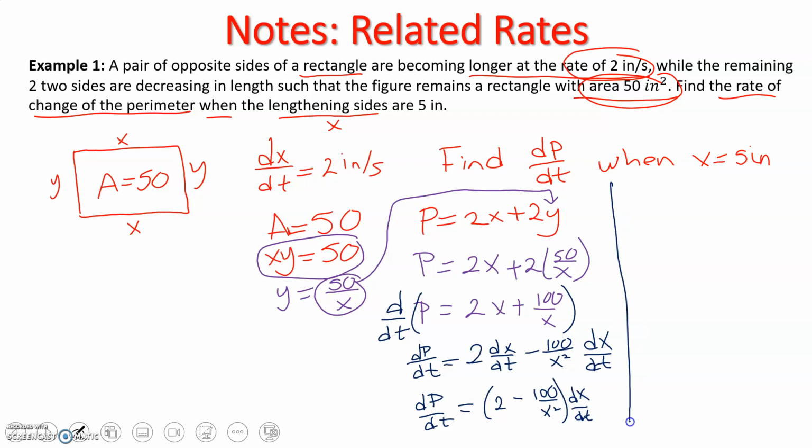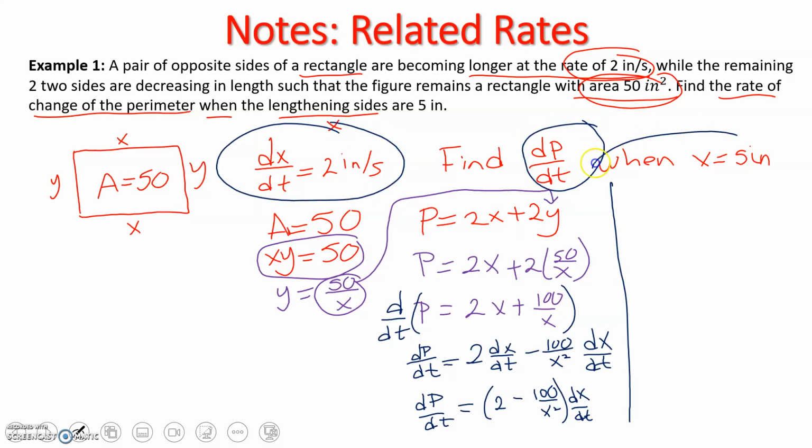Now, we know dx/dt. It was provided. And we know that we want dP/dt when x is 5. We're going to go ahead and plug in those given conditions. So we know dP/dt when x equals 5 is equal to 2 minus 100 over 5 squared, times our dx/dt, which is 2.